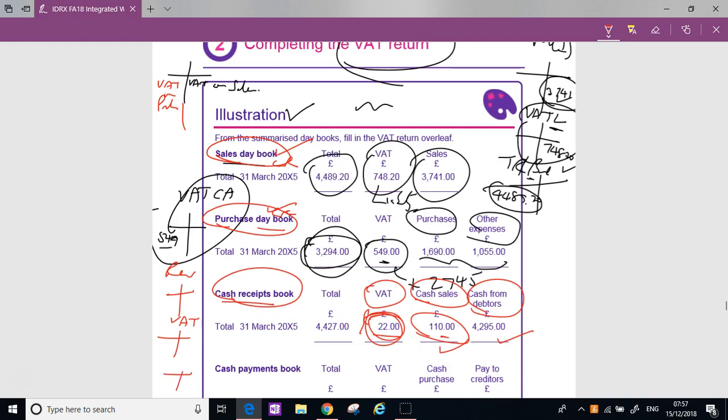You would have your cash sale of 110, and then you'd recognize VAT of 22. You would have the revenue of 110, and you would have received 110 plus the 22, giving you 132. That's what you would have received in the bank, right?